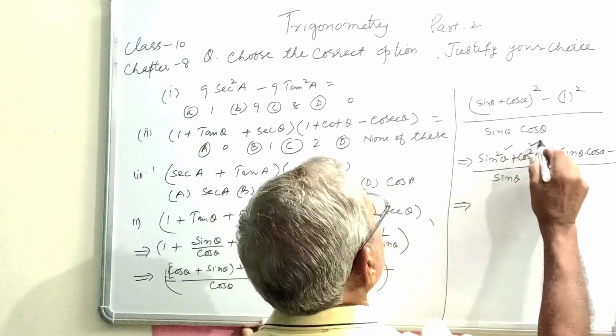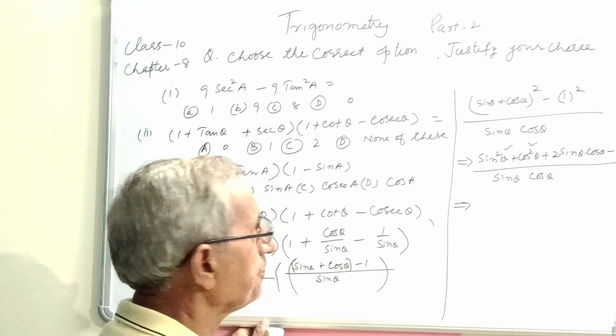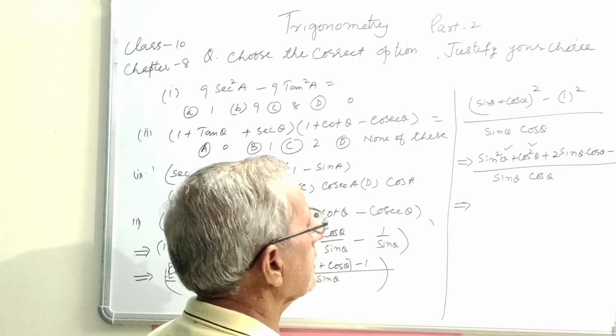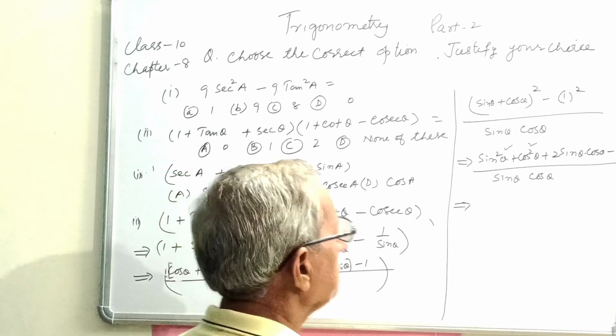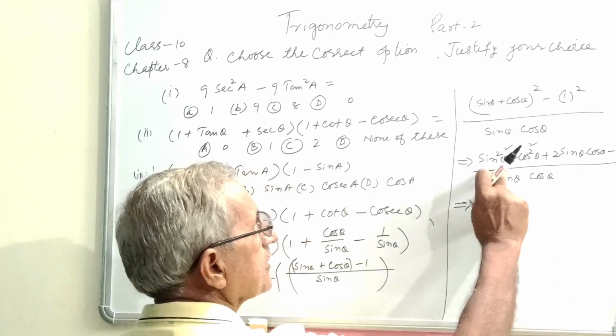Just see these two terms, sin square theta plus cos square theta, what does it equal? 1. This is the first identity.